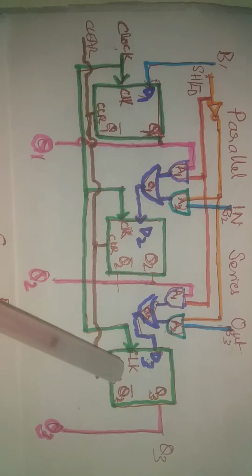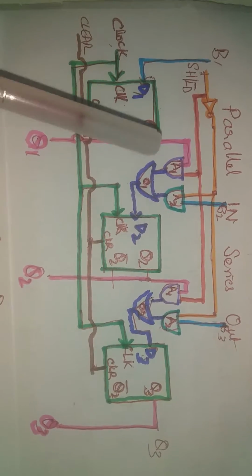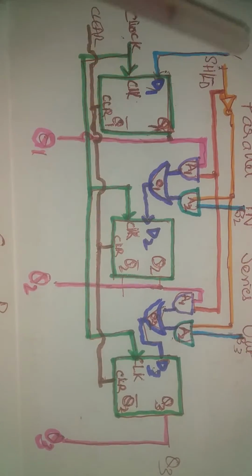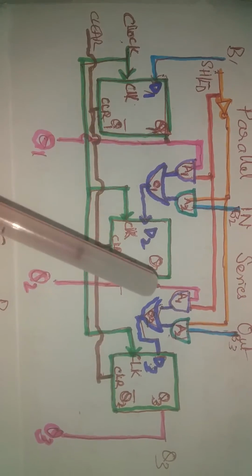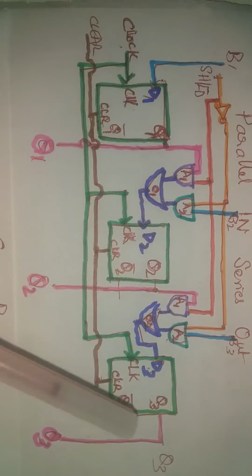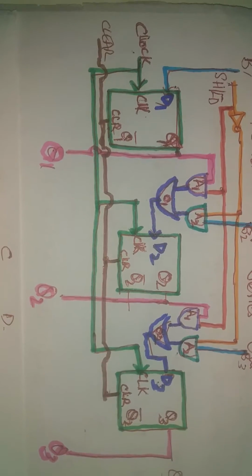Okay. So what happens when clock goes high? The values are available at respective outputs. So now Q1 will be 0, Q2 will be the previous value of Q1, which is B1, Q3 will be the previous value of Q2, which is B2.